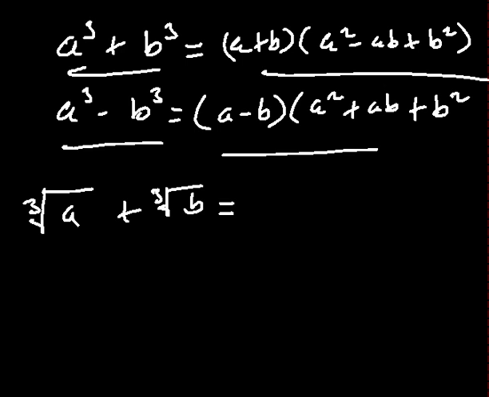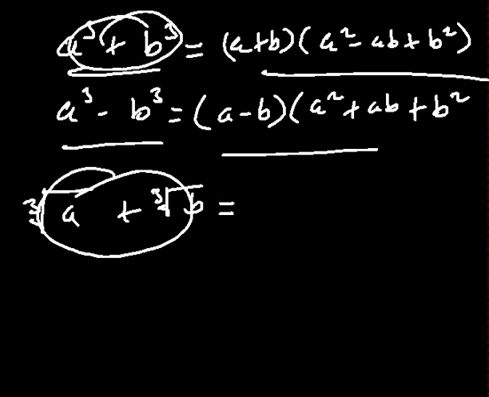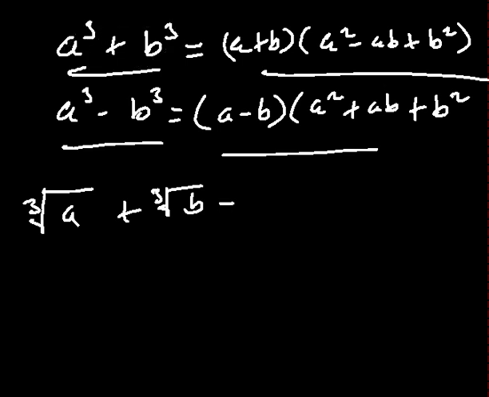Although this expression is not much about the power 3, if we think of looking at it in the same way, here is what you have to understand. The conjugate of this expression will be given as a squared minus ab plus b squared. That will be the conjugate.